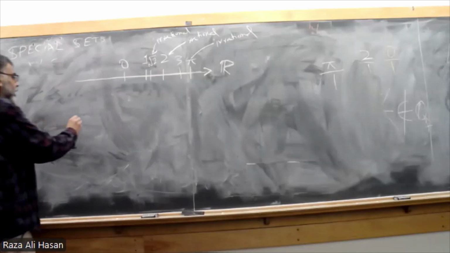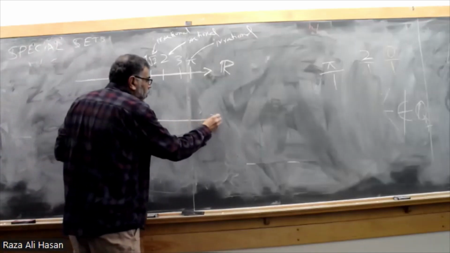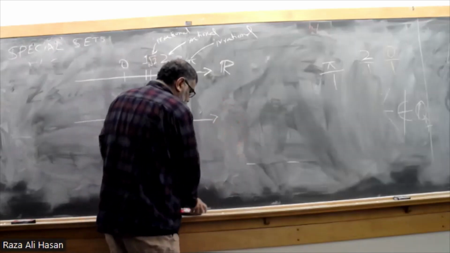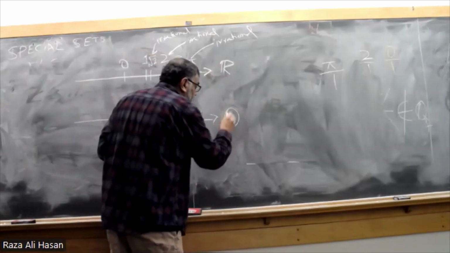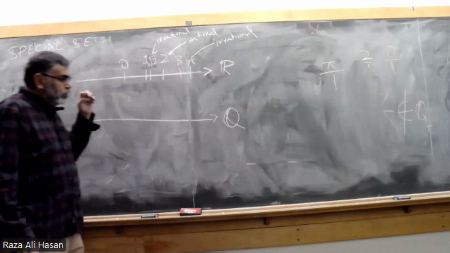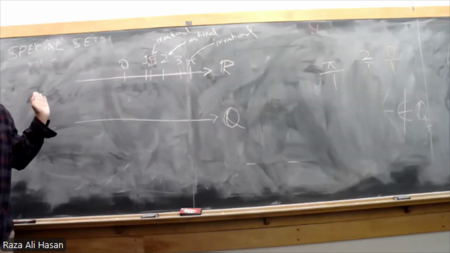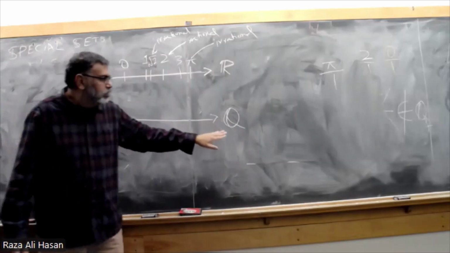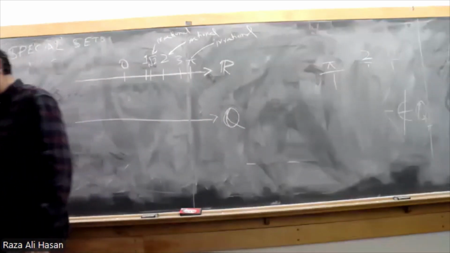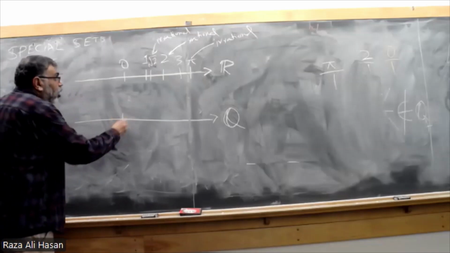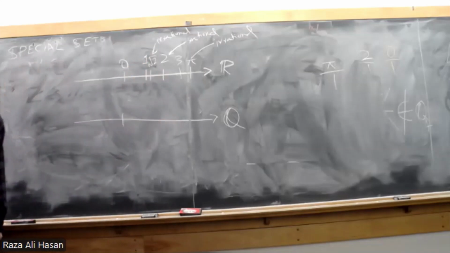Now, let's say we live in a world where we haven't discovered real numbers, and we've finally got through from integers to rational numbers, Q. And now I'm going to see how many of these numbers can be here.